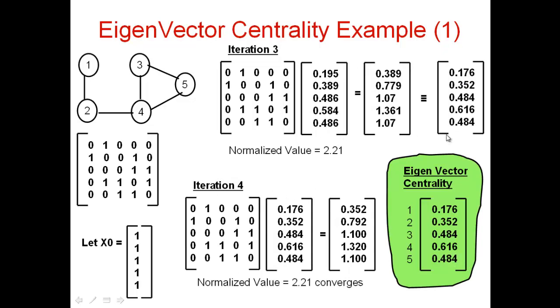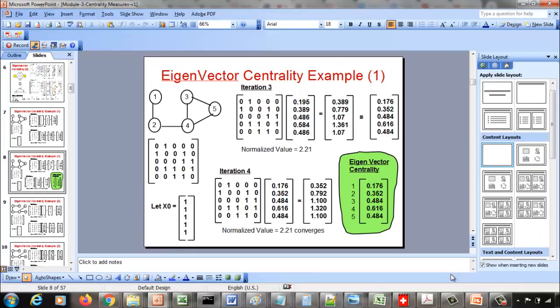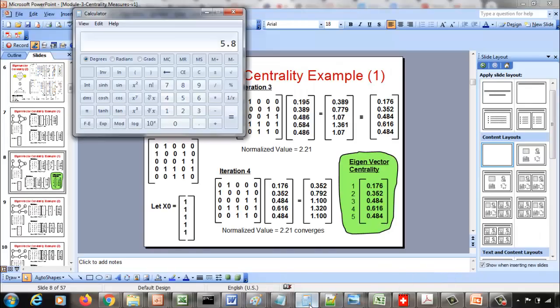Now if you do that same kind of calculation with the eigenvector centrality values, you will get the sum of the squares to be 1. So if you square 0.7176, plus 0.352 square, plus 0.484 square, plus 0.616 square, plus 0.484 square, the sum of the squares of the eigenvector centrality values will be 1, and the square root will also be 1.